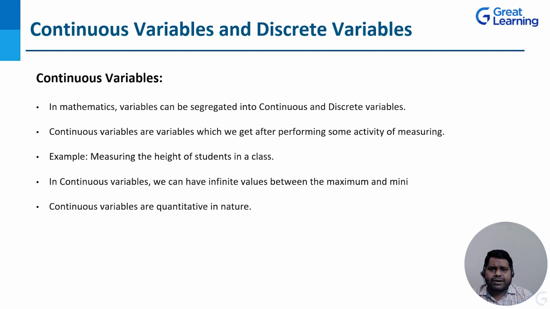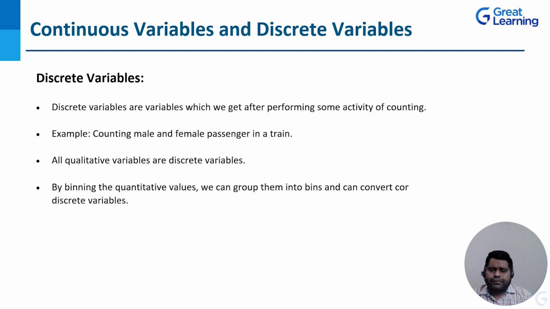Continuous variables are quantitative in nature. Similarly, when we are running an experiment to count the male and female participation in an activity, we categorize the participants into male and female, we count their frequency, and then we draw a contingency table.